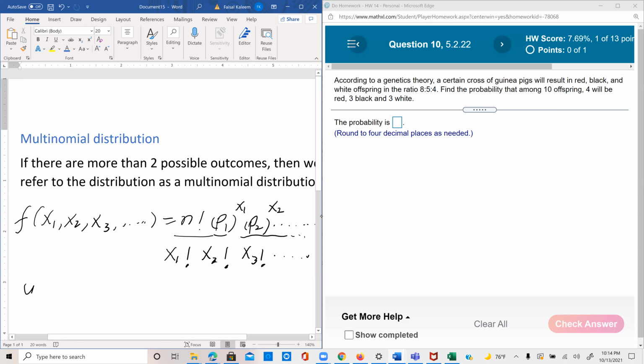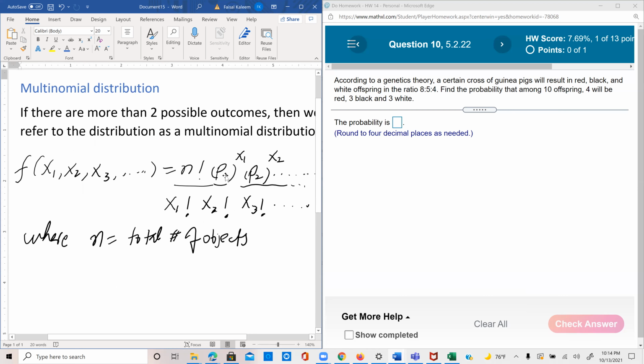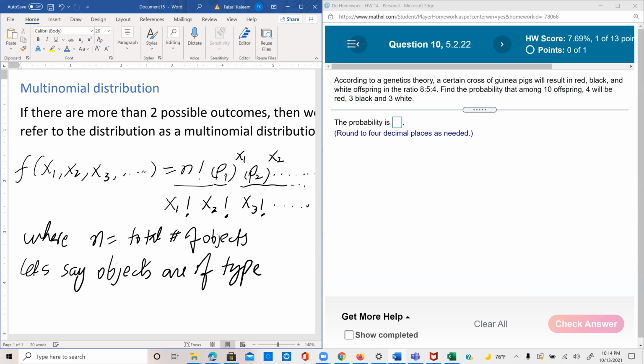Where n is equal to total number of objects. Let's say objects are of type 1, 2, 3, and so on.